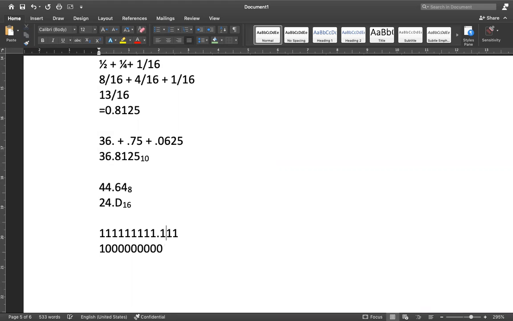Yeah. So we all know the method. So 9 ones means 1 less than this one. If you had this one, what is the value? This is 2 to the power 0. 1, 2, 4, 8, 16, 32, 64, 128, 256, 512. Then 1 less than this one means 511.